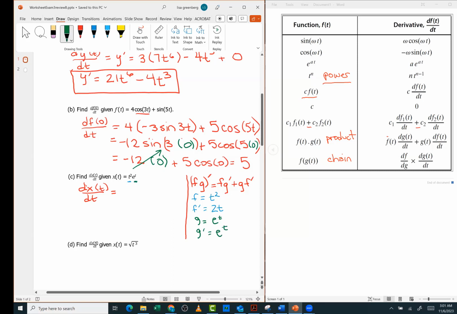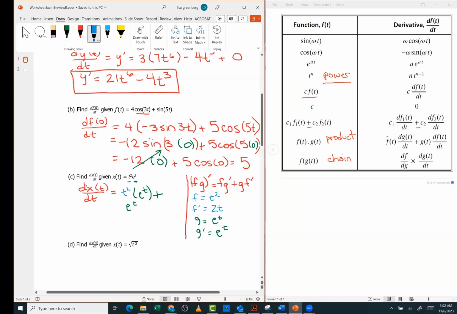Now, if I want to take the derivative of f times g, which is what I have here, it's equal to f, t squared, times the derivative of g, e to the t, plus g, which is e to the t, times f prime.